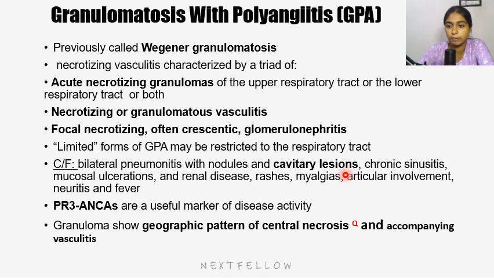Chronic sinusitis will be present, along with mucosal ulceration, renal disease, rashes, myalgia, articular involvement, neuritis and fever. It is associated with anti-proteinase 3 ANCA, and in the microscopic finding there will be a geographical pattern of central necrosis.